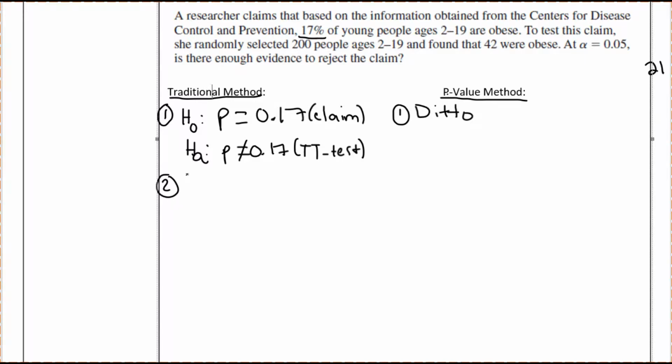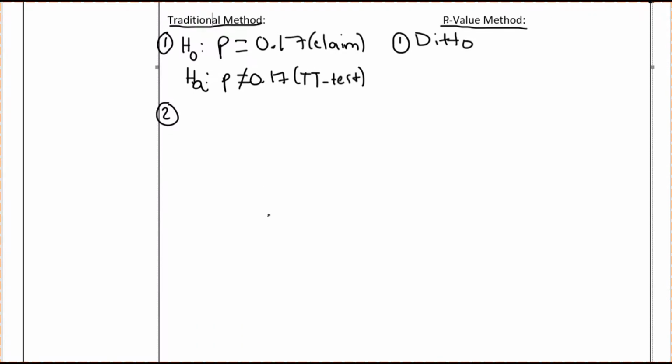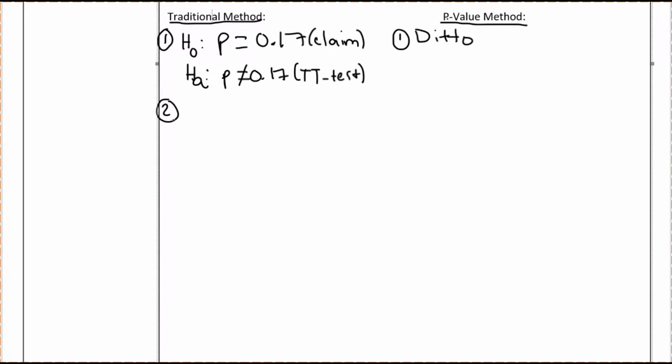So now, for step 2 for the traditional method, we need to find the critical value. To find the critical value, we're doing a two-tailed test, which means that we need to look at alpha divided by 2.